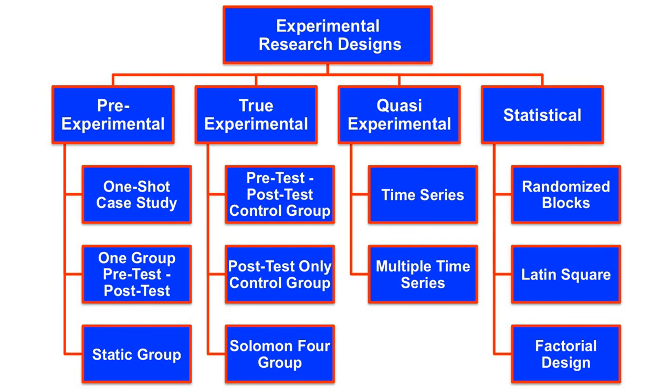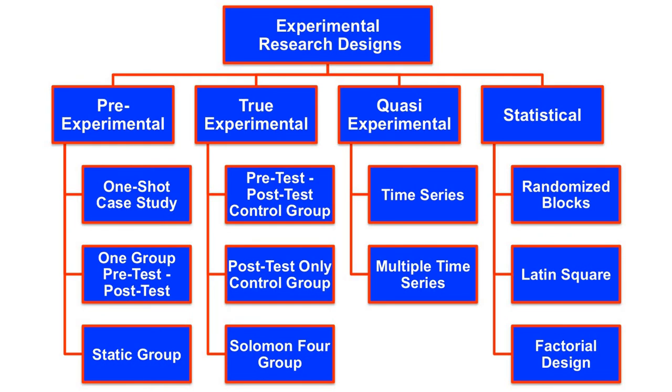True experimental methods are categorized into three: pretest-posttest control group, posttest only control group, and Solomon 4 group. Quasi-experimental consists of two: time series analysis approach and multi-series analysis approach. Statistical experimental research design is categorized into three: randomized blocks, Latin square, and factorial design.